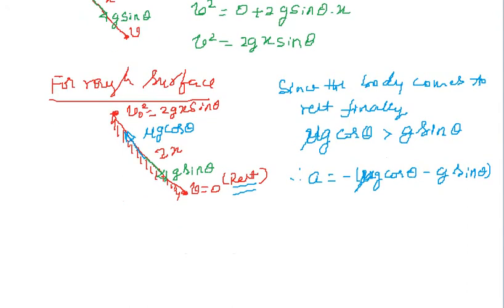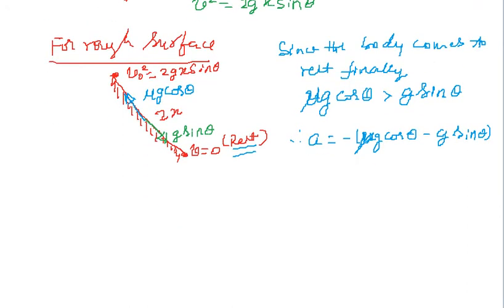Further, I am using the same equation, that is v square is equals vo square plus 2ax. When I make substitution, the final speed of the particle is 0. Vo square itself is this much, so be careful, don't square it again, because we have already written vo square.